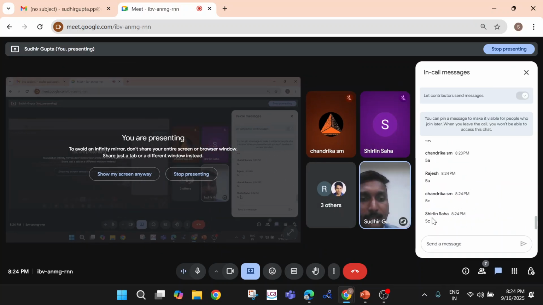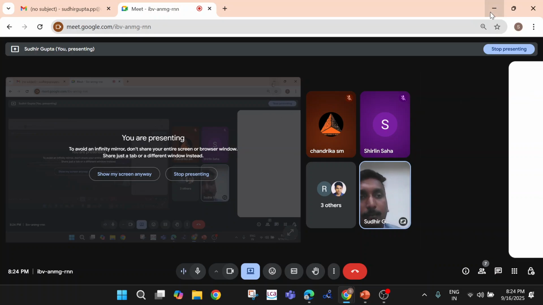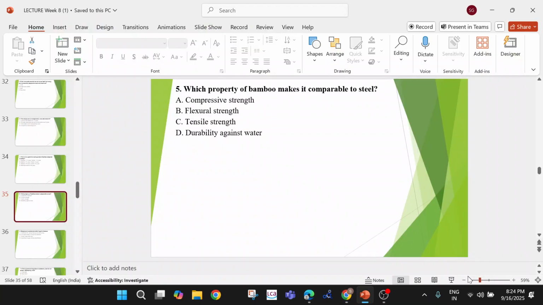So as I can see, 5 C, C, A, A. So Chandrika has changed her answer. So the final answer is C, but Rajesh is fixed with A. So then I am getting multiple answers for question number 5.